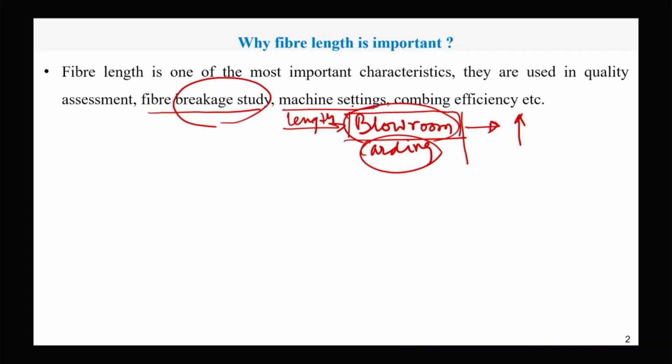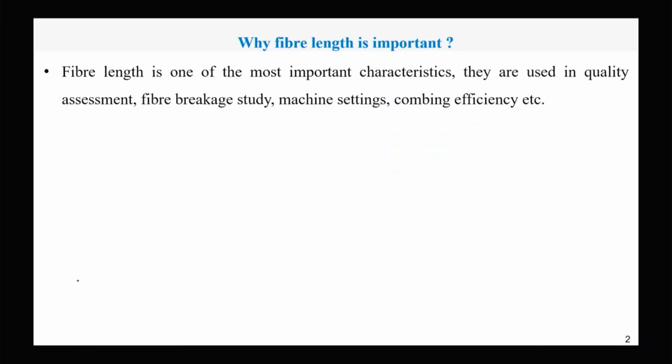And machine setting also depends on the fiber length. For short fibers, the roller to roller setting distance will be lower, just to reduce the floating fiber.